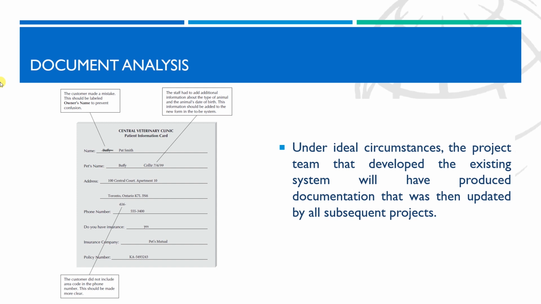However, many helpful documents do exist in an organization, for example, paper reports, memorandums, policy manuals, user training manuals, organization charts, forms, and of course the user interface with the existing system. But these documents tell only part of the story.